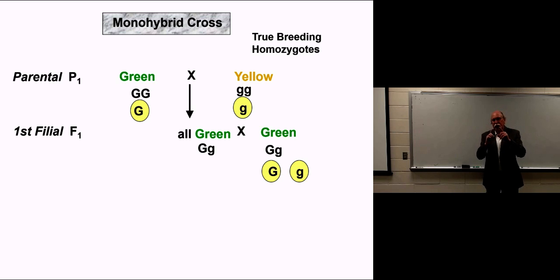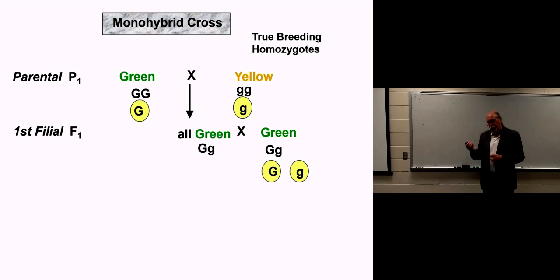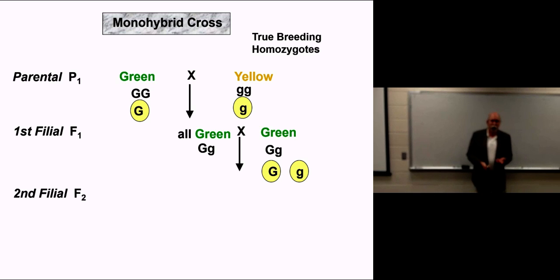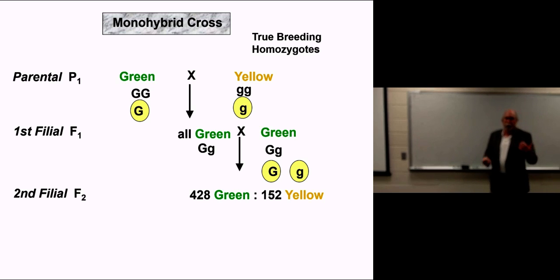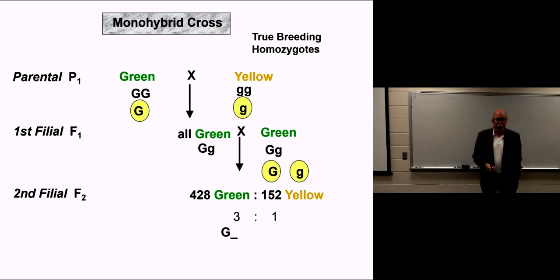They can't just put out big G all the time because they're heterozygous. So approximately half of their gametes are going to carry the green piece of genetic information, big G, and the other half is going to carry yellow, or little g. That's going to occur for both of them. We're going to put all those together, and when we do that in the F2, we end up with this nice little 3-to-1 ratio down here.